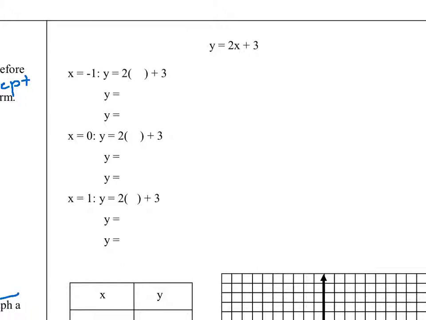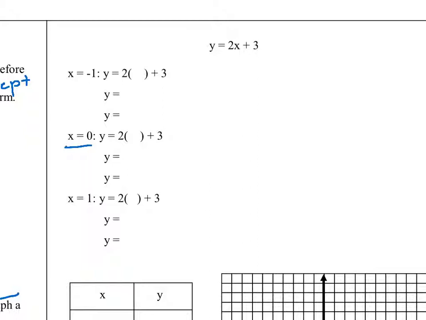The easiest x value to use at all times, without exception, is 1. Incorrect. 0. The reason why 0 is so great is because we know anything times 0 is 0. Anything plus 0 is itself, the same, whatever we want.